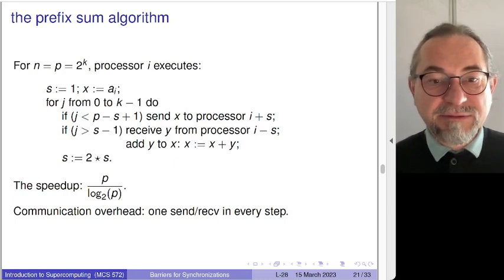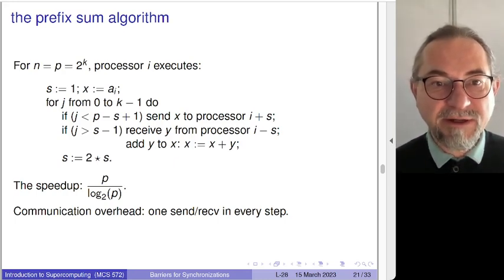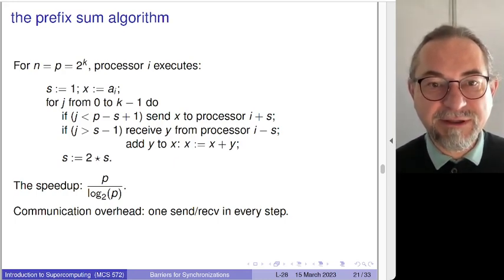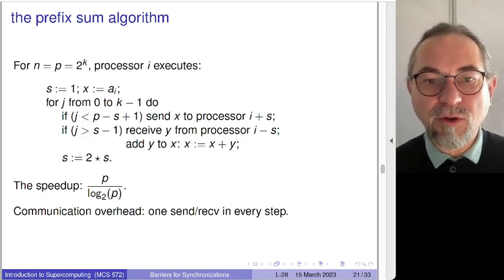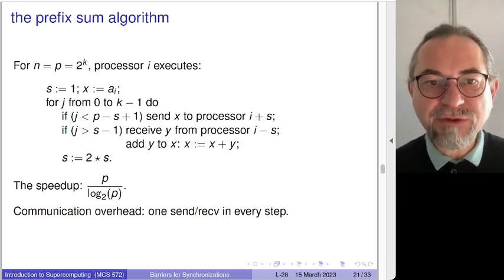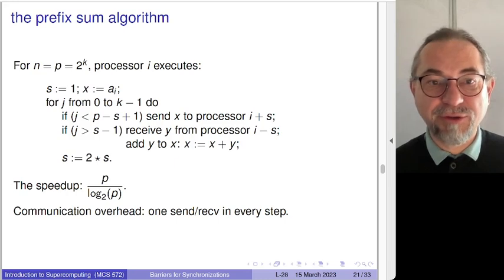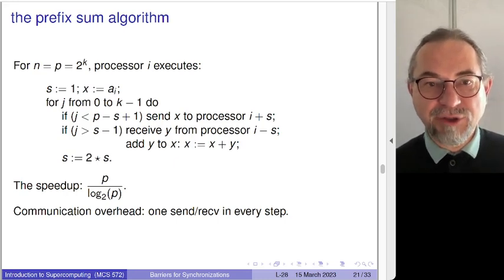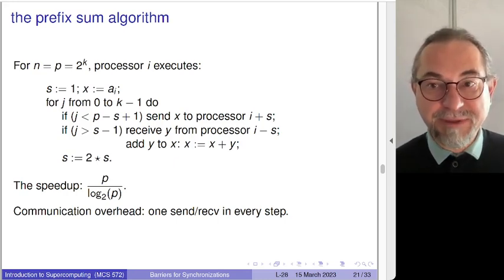Here is how this is defined. So we have the processors that execute these commands. So there is the initialization, there is the communication, and the computation. So the receiver will always do one addition. So we have in total to execute n-1 sums, or p-1.